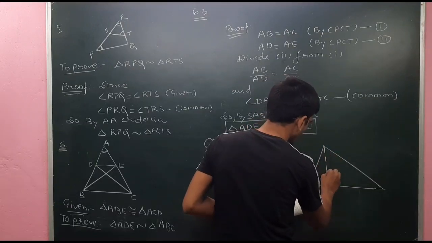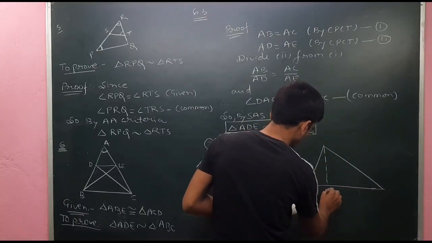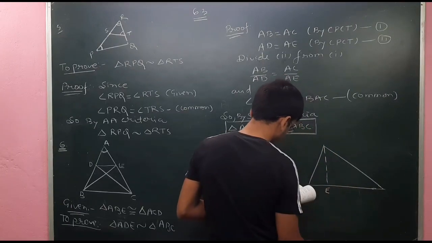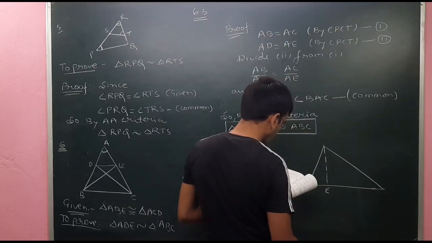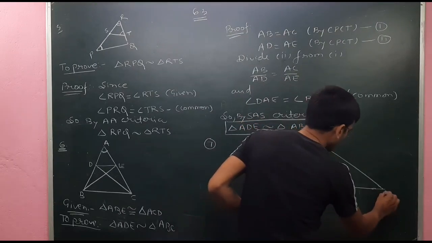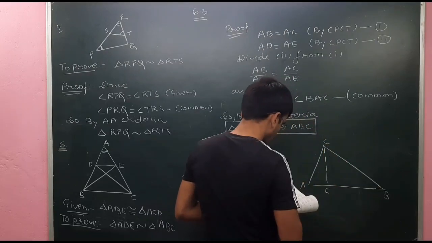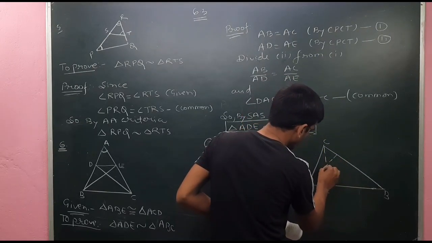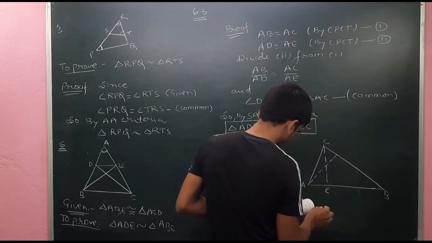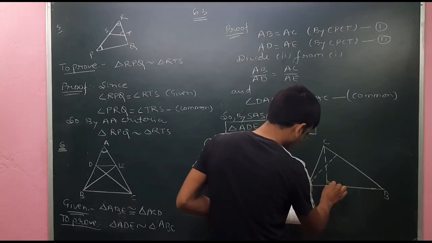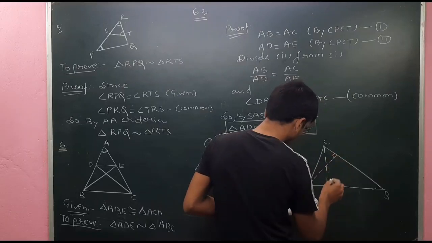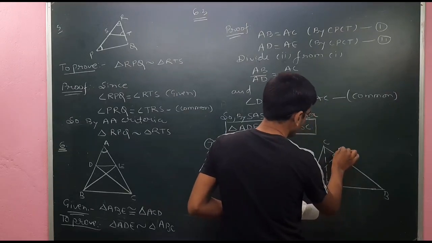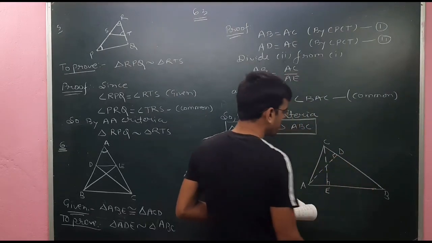This is a perpendicular line meeting at E on the line AB. This is line ABC, and this is a perpendicular line. This is also a perpendicular line, and this is also a perpendicular line, meeting at D on the line BC.